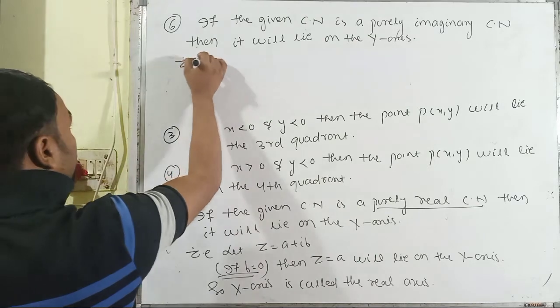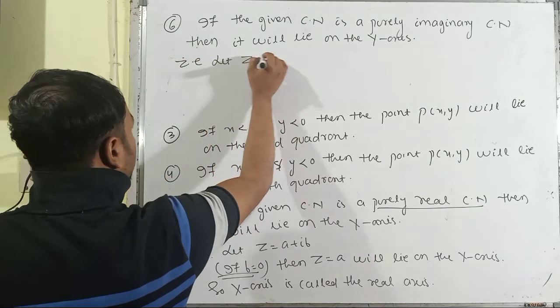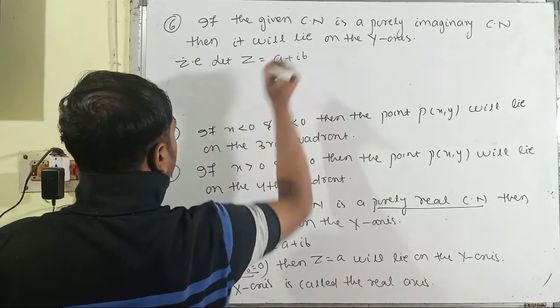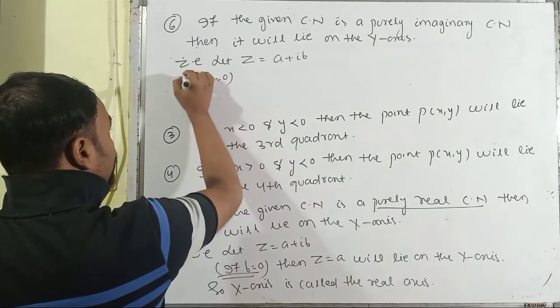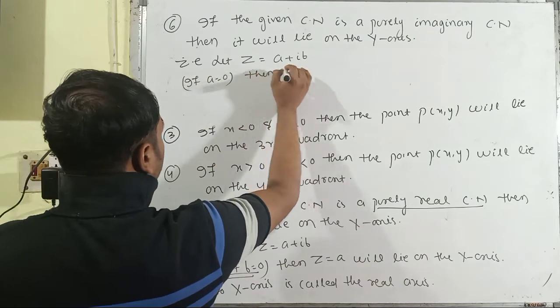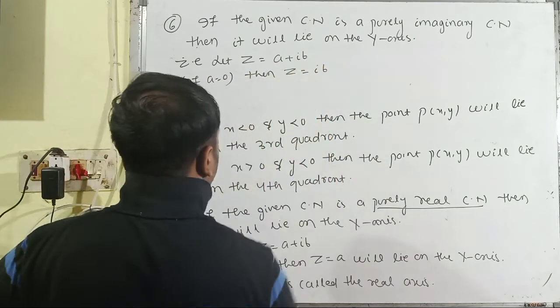That is, let z is equal to a plus ib. If a is equal to 0, then z is equal to ib.